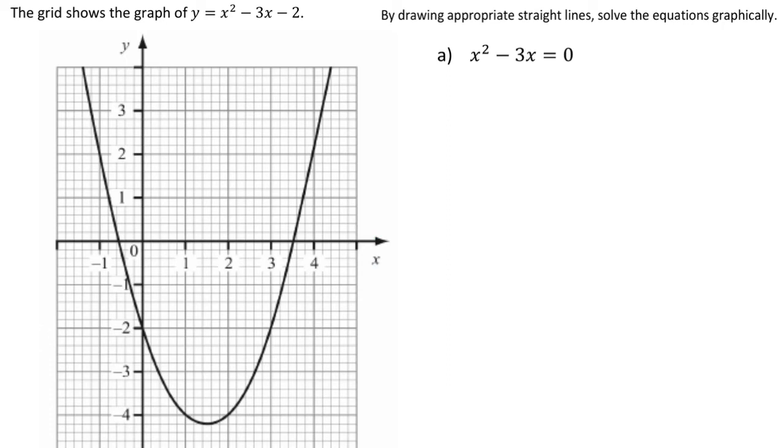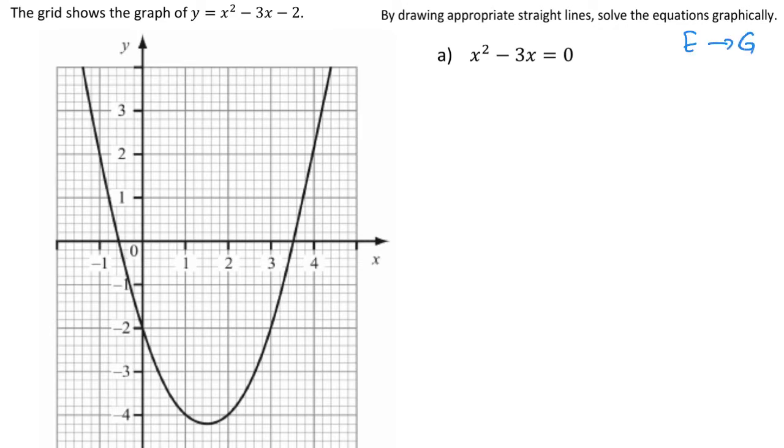So in this example, the graph has been plotted for us of x squared minus 3x minus 2. We're trying to use it to solve x squared minus 3x equals 0. So what we need to try and do is manipulate the equation to the graph.